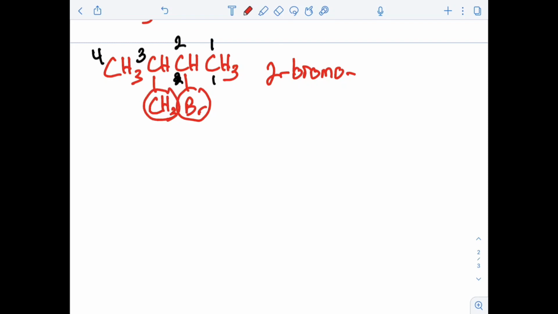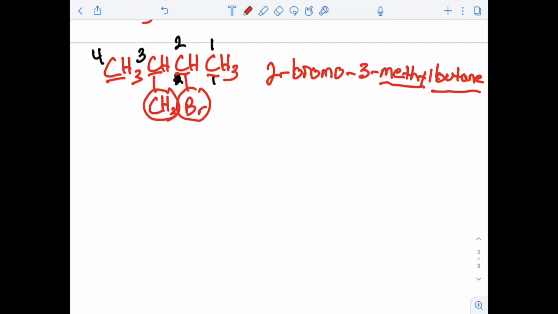This methyl group is on the number 3 carbon, so that's 3 methyl. And butane. A 4 carbon chain is a butane.